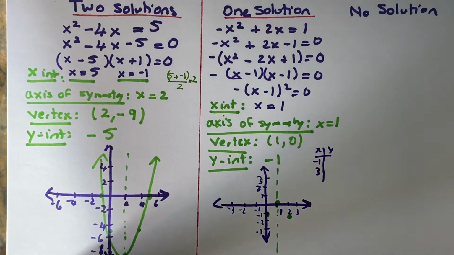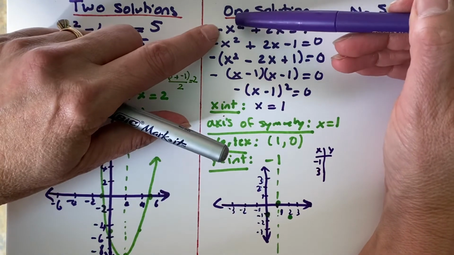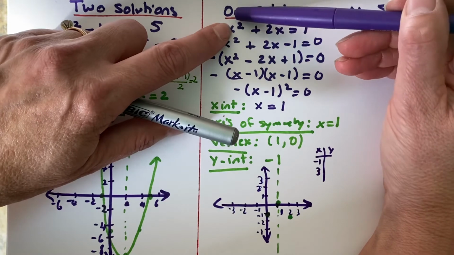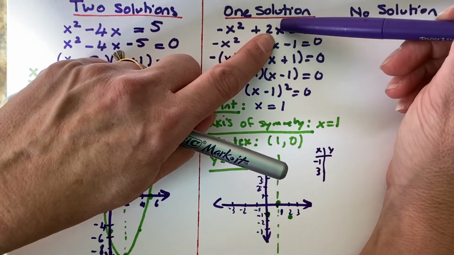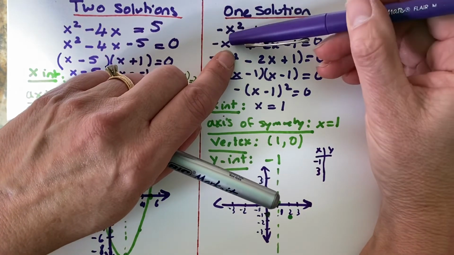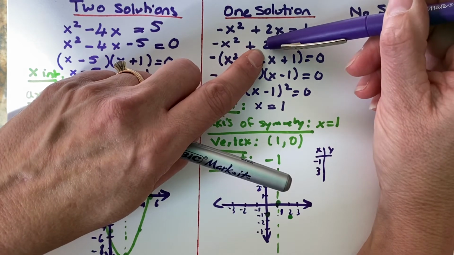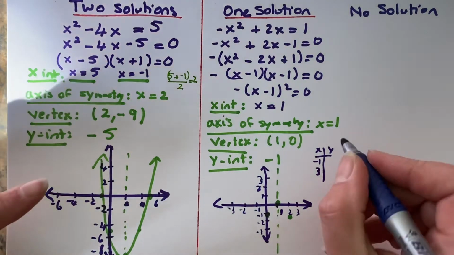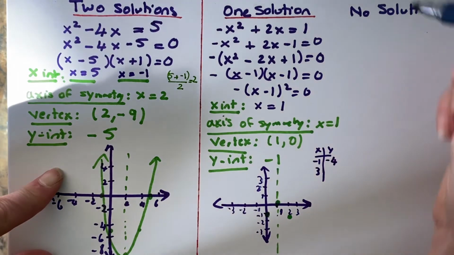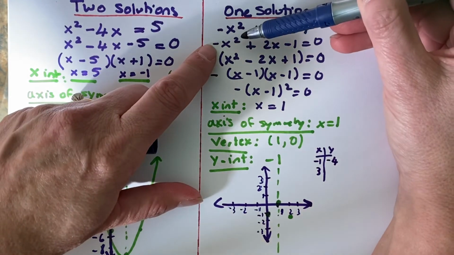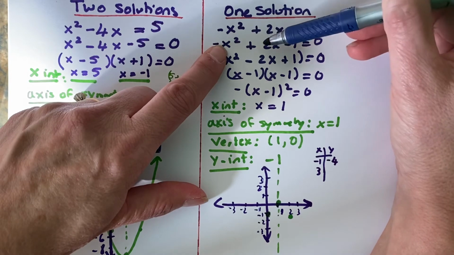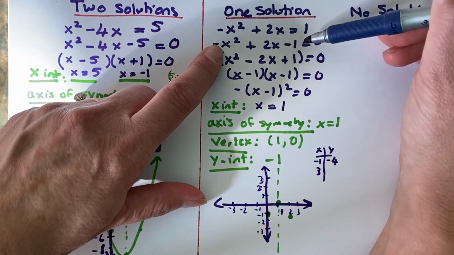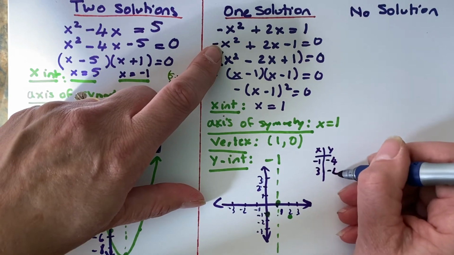Well, if I plug in -1, I have -1 squared, which is 1, so this -1 plus 2 times -1, so -1 plus -2 is -3, minus 1, I'll get -4. If I plug 3 in, 3 squared is 9, it's a -9, plus 2 times 3 is 6, -9 plus 6 is -3, minus 1 is -4.